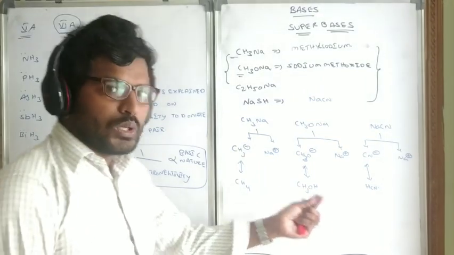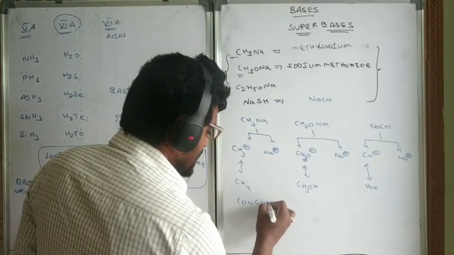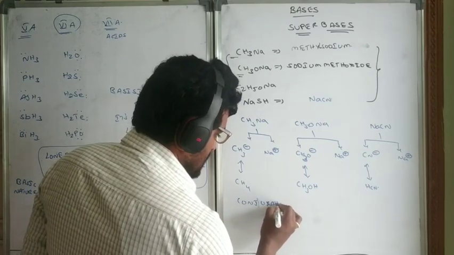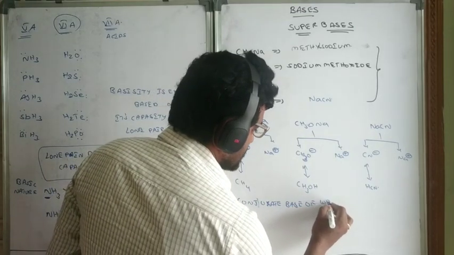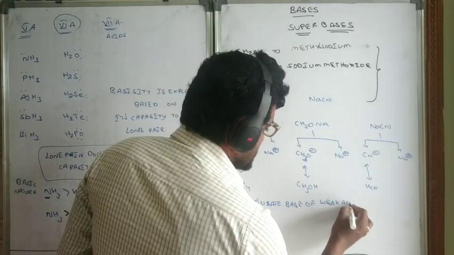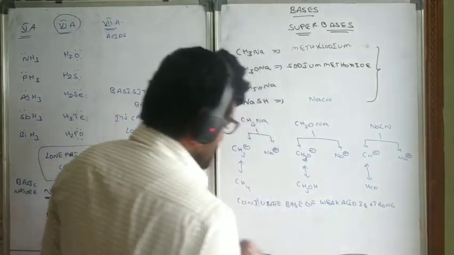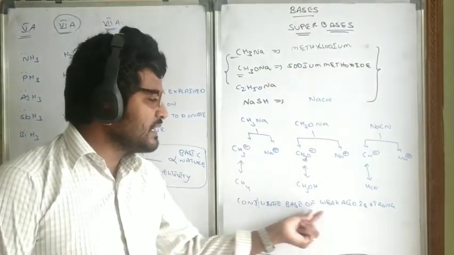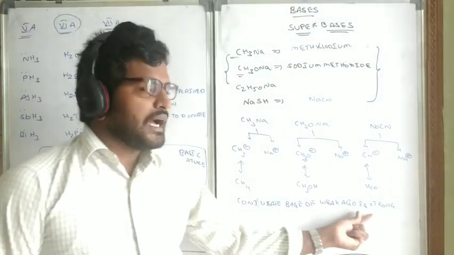There is a rule that the conjugate base of a weak acid is strong. This statement I will explain in the theories of acids; for now just try to have the idea.